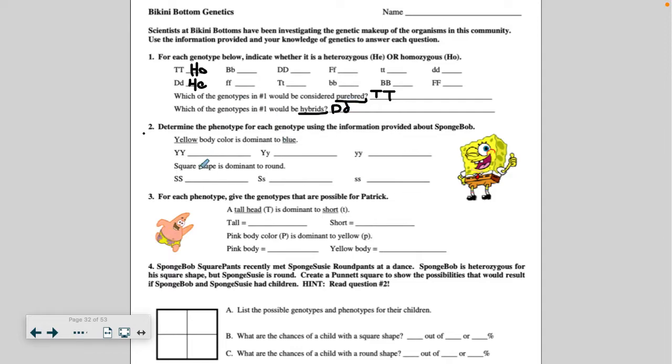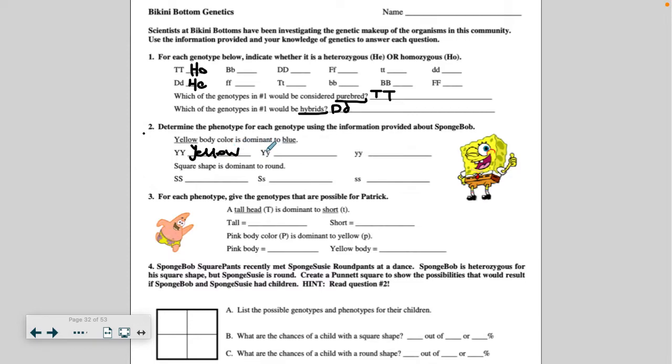Second part, determine the phenotype for each genotype using the information provided about SpongeBob. Yellow body is dominant to blue, and we're going to use the letter Y here. If I'm big Y, well, capital letters mean dominant. So what's the dominant trait? Yellow, so I'm just going to write yellow. All right, big Y, little y.